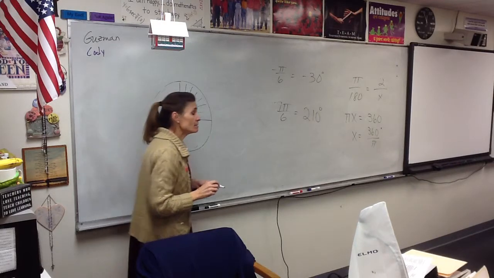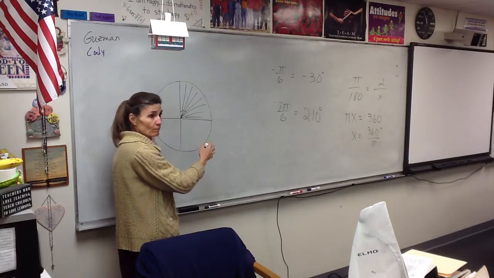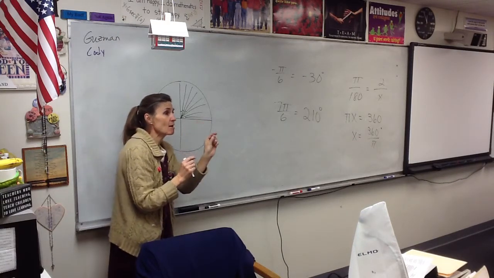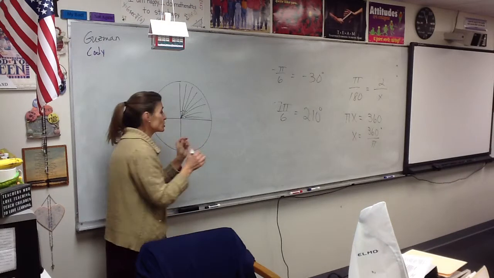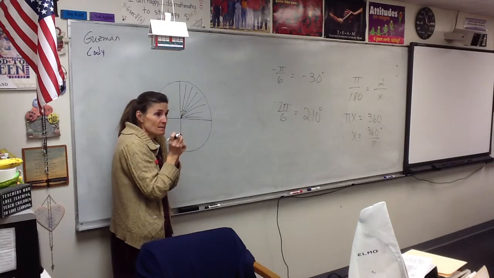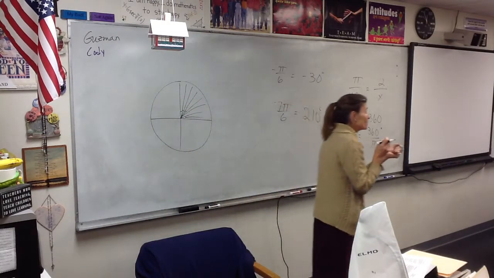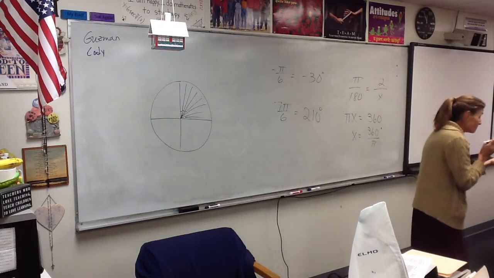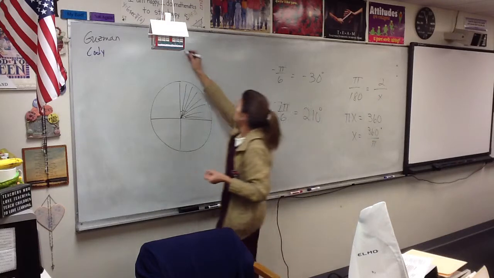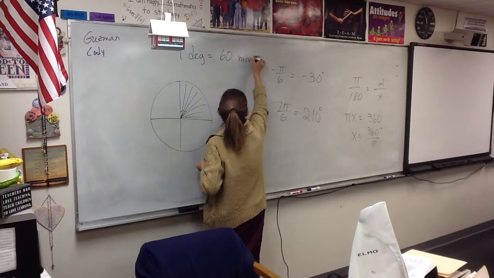But then they said, when I'm looking at the world, the Earth, for instance, degrees are pretty big. So I need to narrow it down a little bit. So they started taking these degrees and breaking them up into smaller pieces, sort of like you take a foot and break it down into 12 inches. They took a degree and broke it down into 60 minutes.